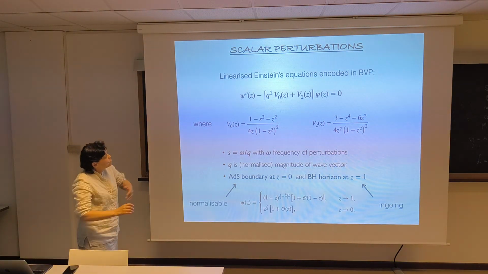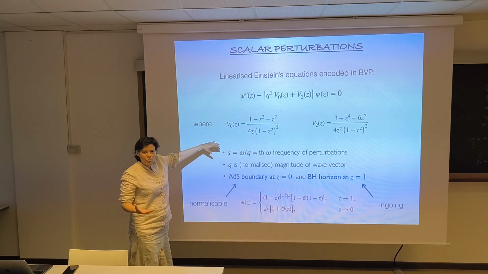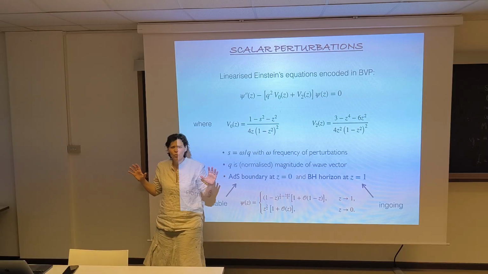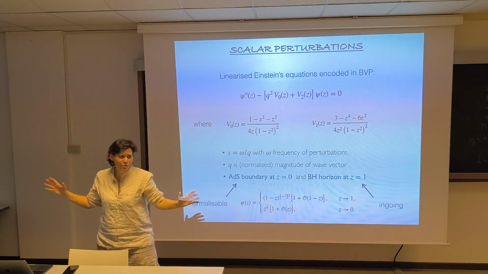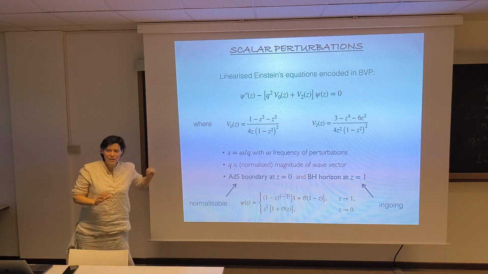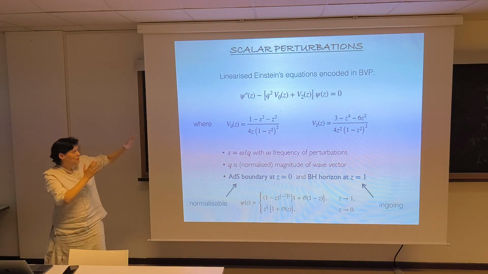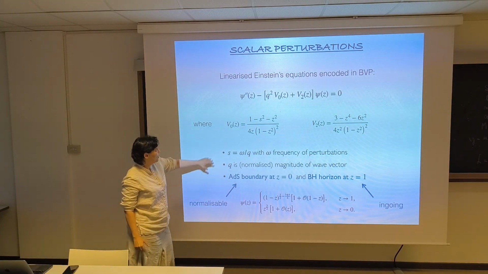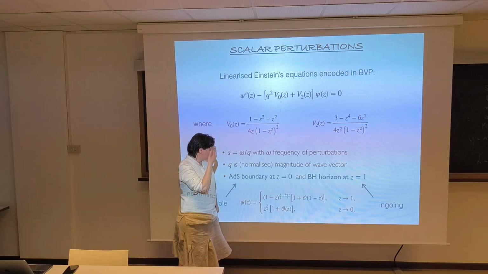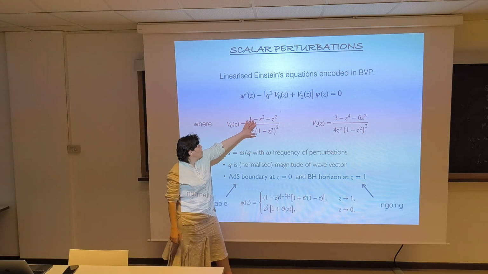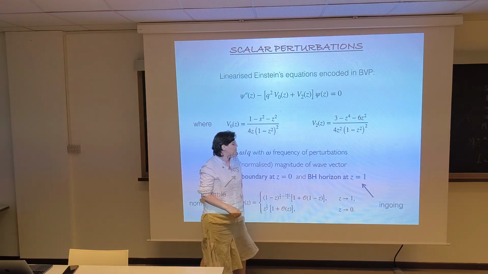So what does the equation look like? It looks like this. I'm not giving you the metric and how to obtain the equation for the quasi-normal mode, but that's the equation you get. You have two terms; Q is the modulus of the wave vector, the Q that I was mentioning. You have two terms in your potential.